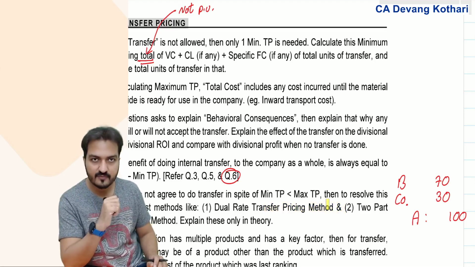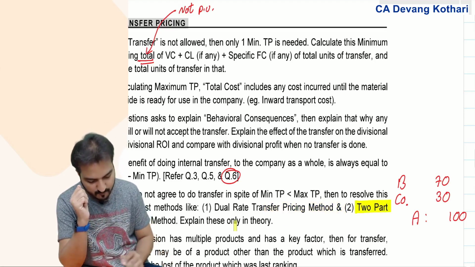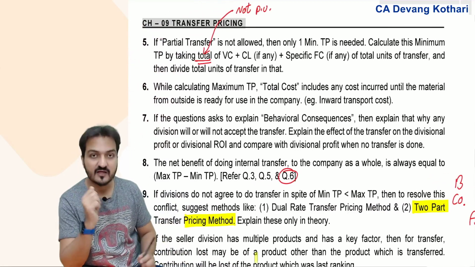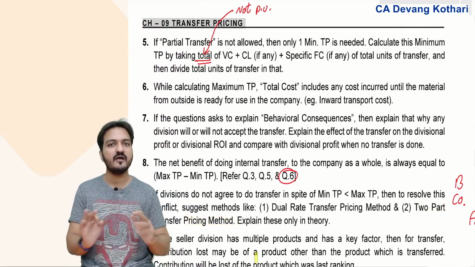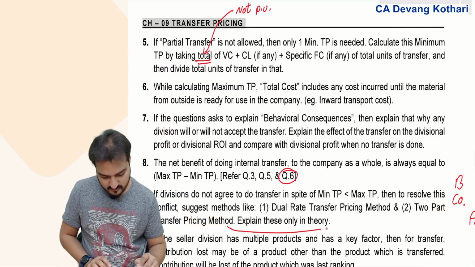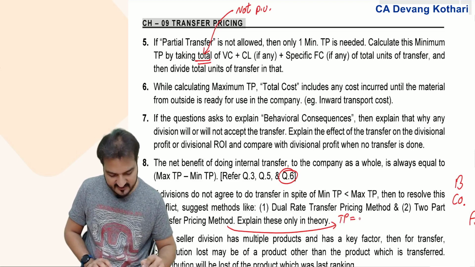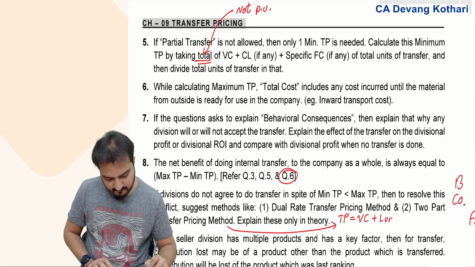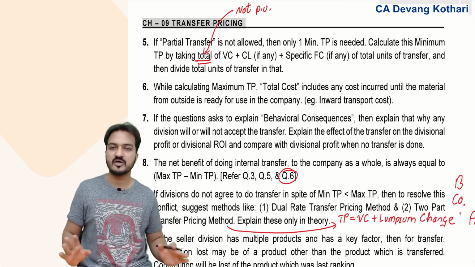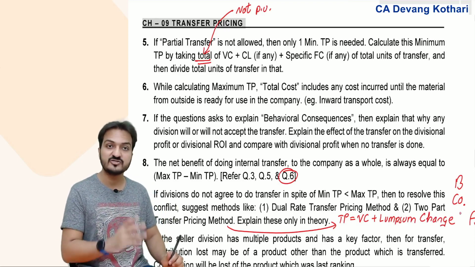For the second method, I say two-part transfer pricing method. The two-part method simply says that the transfer price is decided in two parts. For example, I will decide that transfer price will be equal to variable cost plus some lump sum charge. Lump sum means an approximate charge towards the profit.